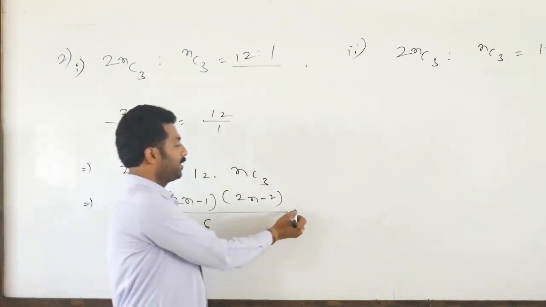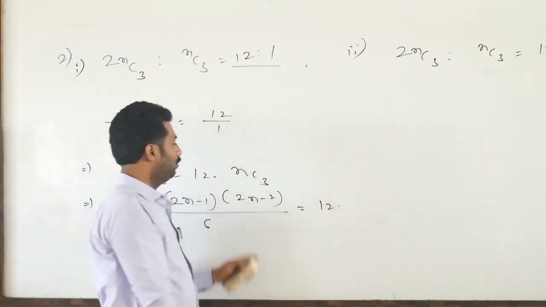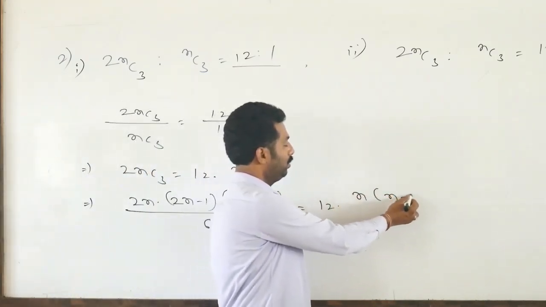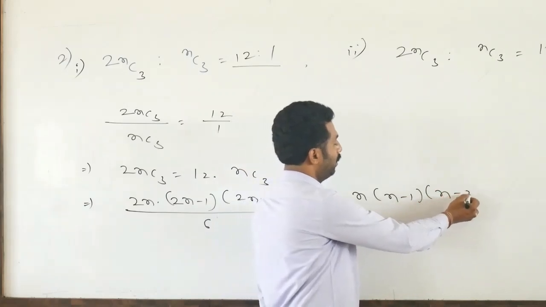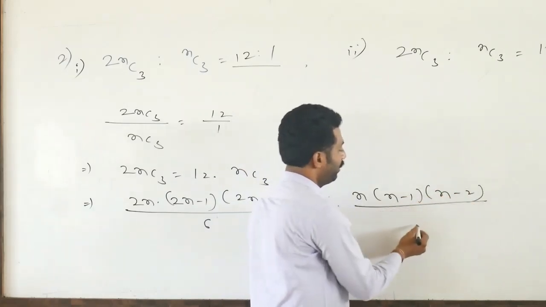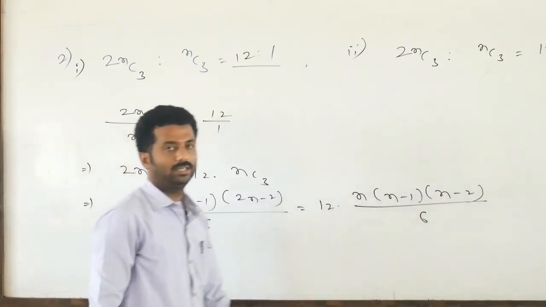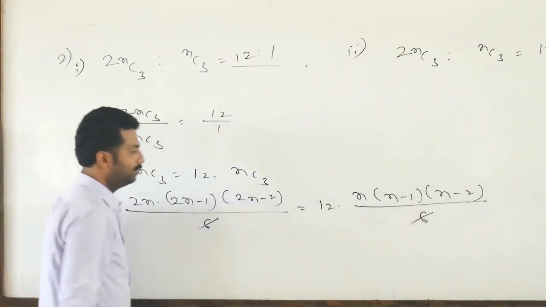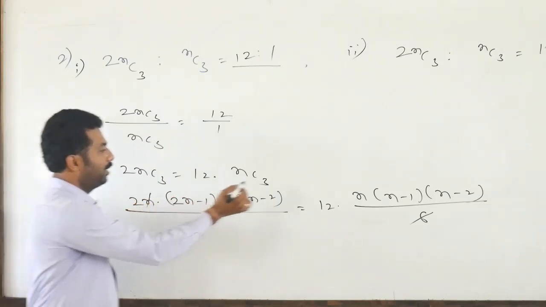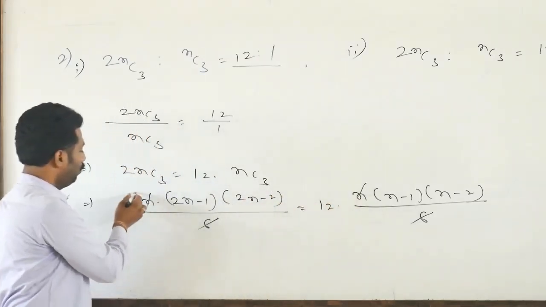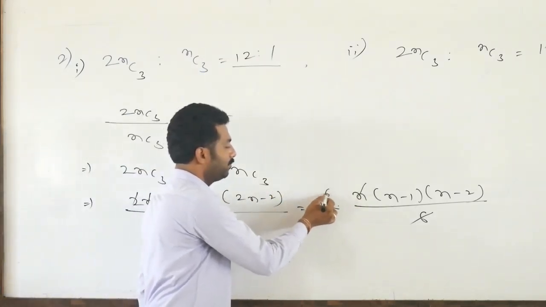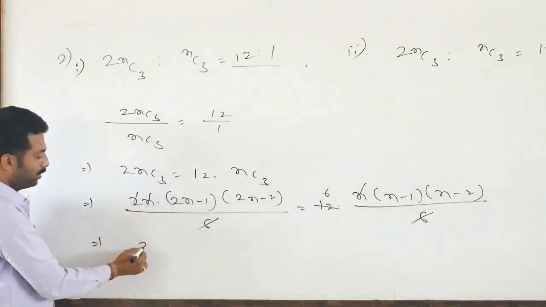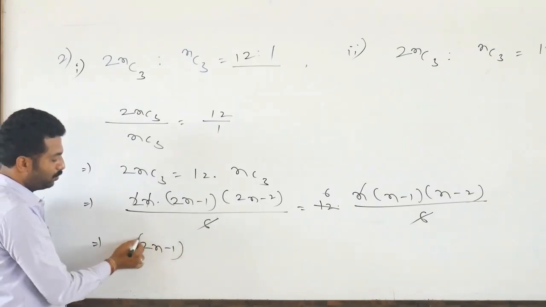Right side: 12 into nC3. nC3 means n into n minus 1 into n minus 2 divided by 3 factorial, that is 6. Very clear, 6 cancels, n cancels, 2 cancels 6 times. Then what is left here is 2n minus 1.